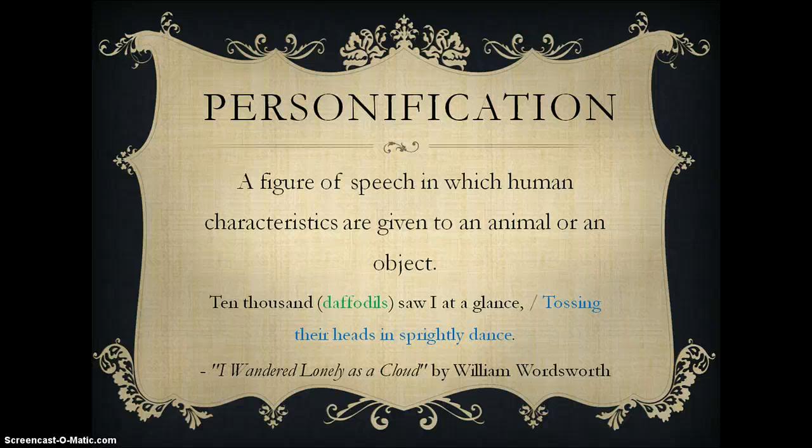So here we can see a very whimsical sentence. The author is bringing attention to the daffodils' movement by saying that they're dancing. He is giving the flowers a human characteristic, so this is an example of personification.